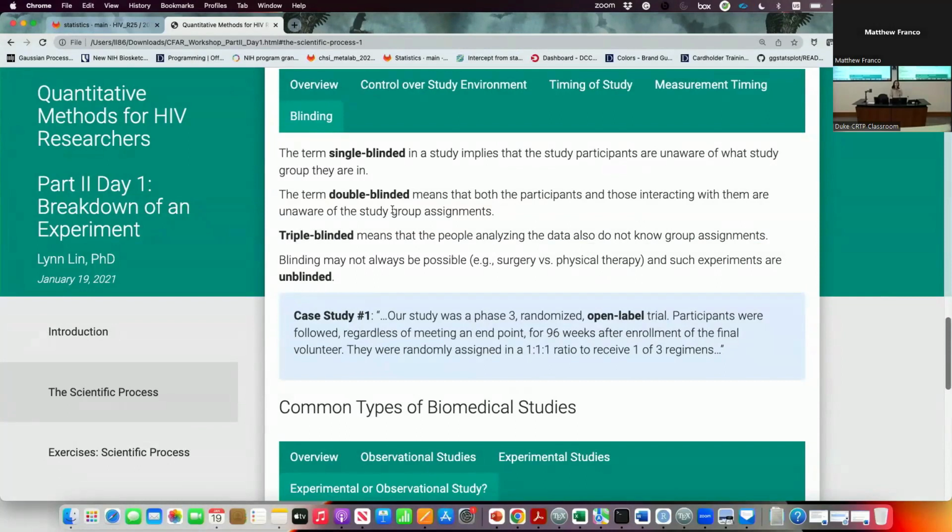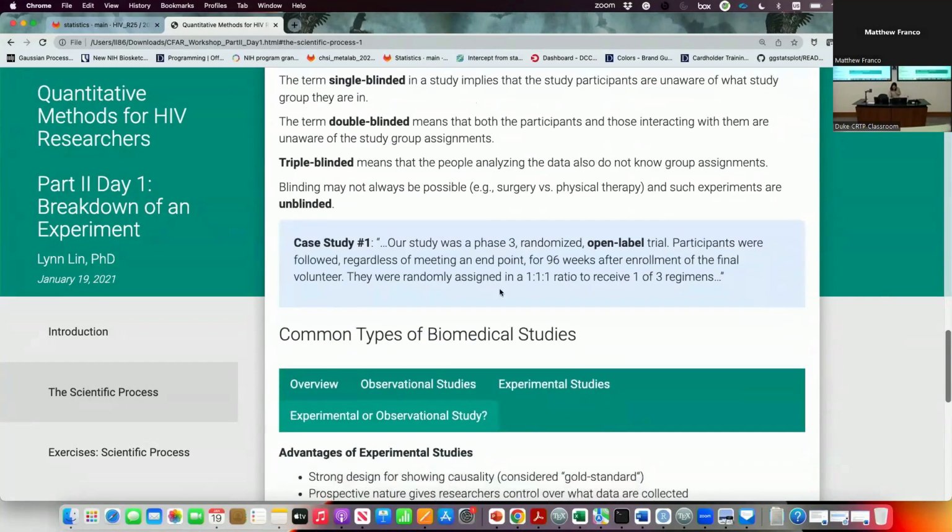Yes, just making sure the study as well as the analysis are more objective. Don't want to introduce any unnecessary bias, because it's already taking a lot of time and a lot of money to conduct those studies.